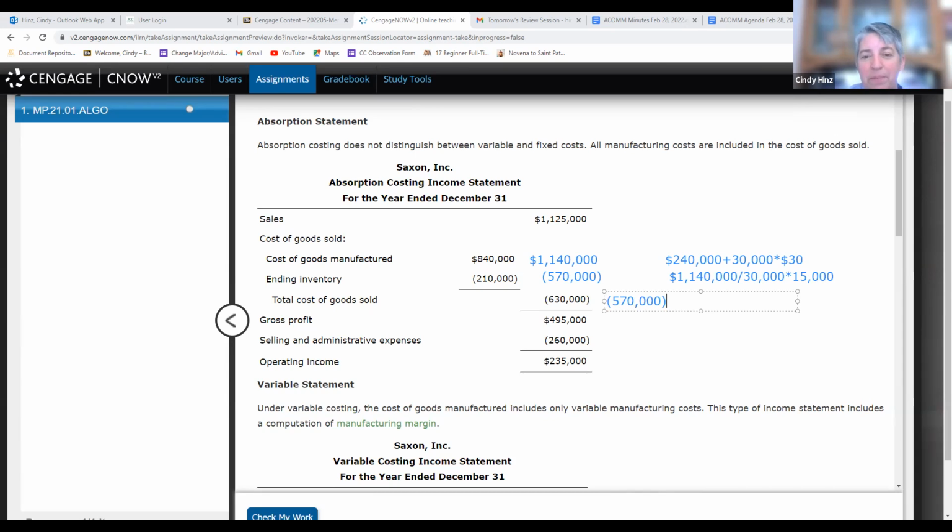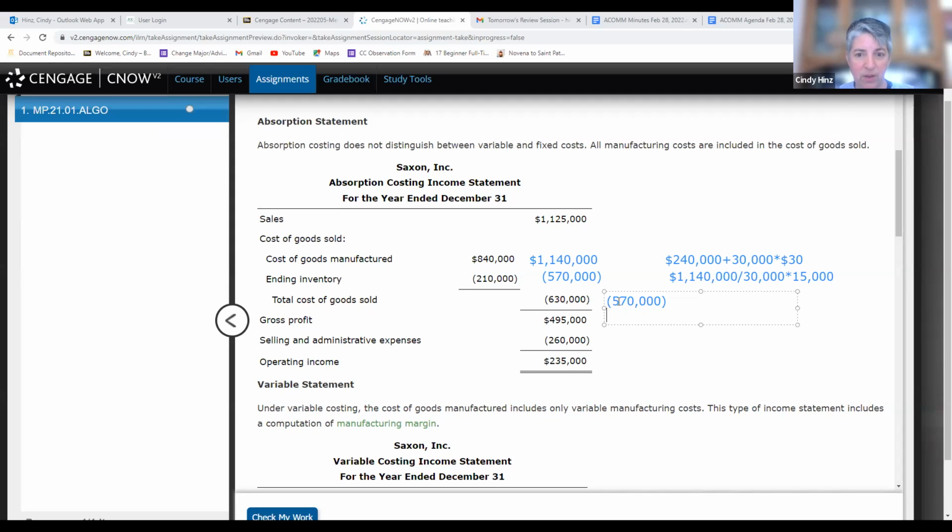Rather than using 630,000, we've shifted another $60,000 worth of fixed costs onto the balance sheet. We're calling them an asset. By producing 10,000 units that we didn't believe we would actually be able to sell, we have increased our profit margin.